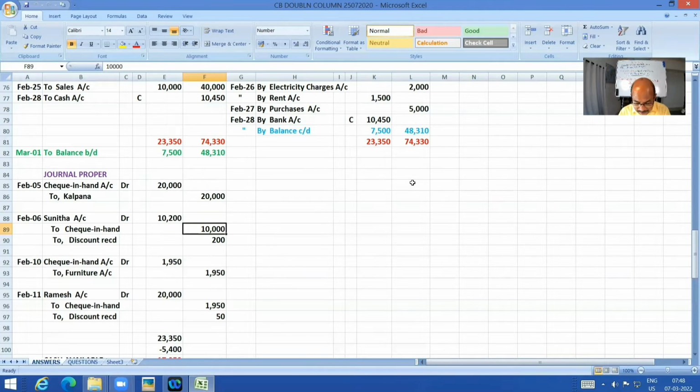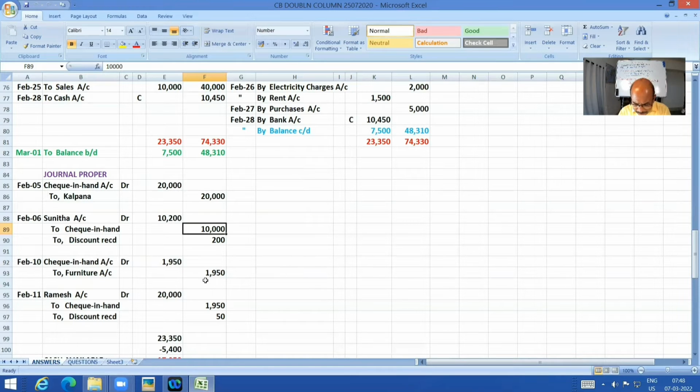Next day the check is endorsed to a creditor Ramesh in full settlement of 2,000 due to him. So on the date of receipt, physical check to the extent of 1,950. Check in hand to furniture 1,950. These are well framed words only. Be very careful. Check in hand, don't say just like that sale or anything like that. It is a question of sale of furniture. So to furniture 1,950. Fine.